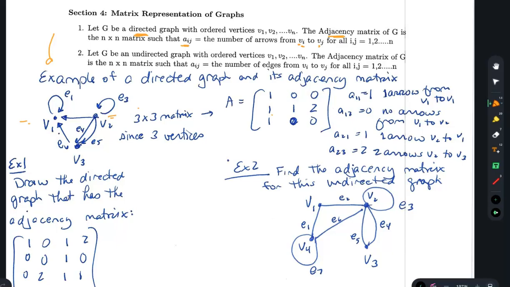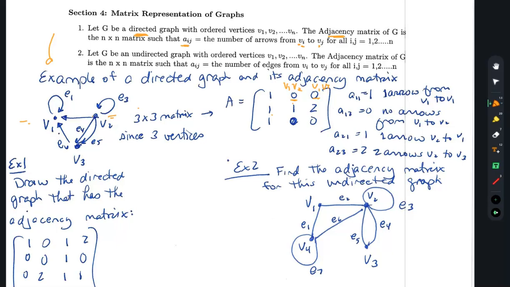Let's look at the next one. This would be the number of edges between V1 and V2. Between V1 and V2 there's none, because this is directed, so there's no arrow going that way. So there's a 0. And this would be the number of edges between V1 and V3, and there's none, so that's why there's a 0 there.